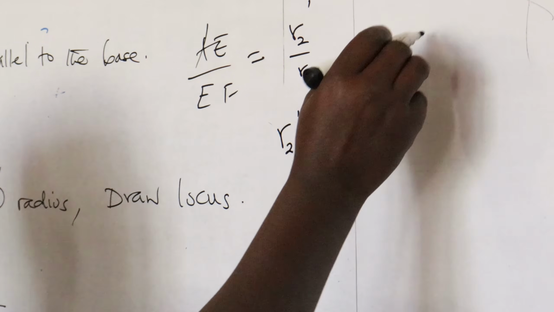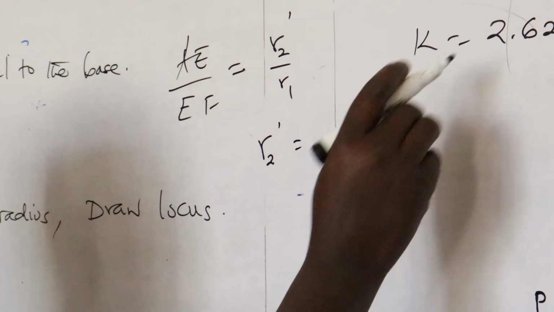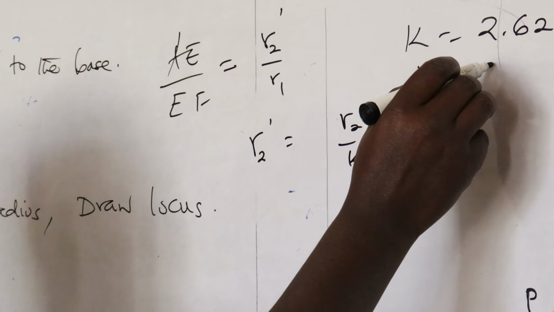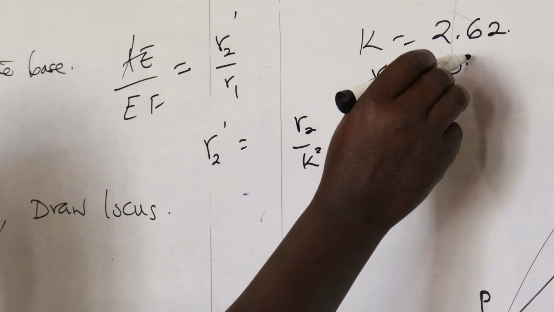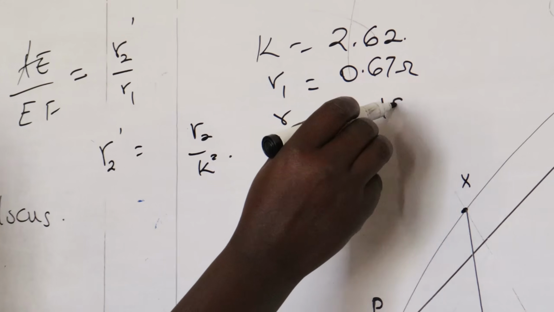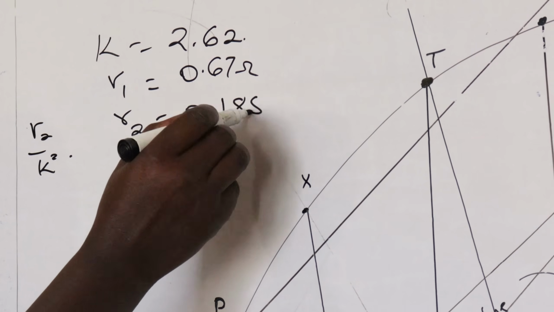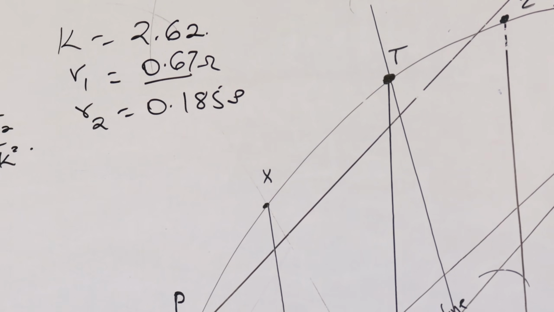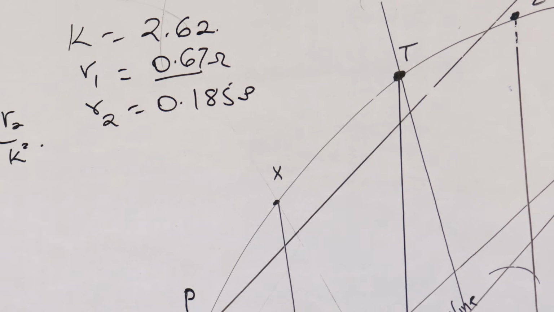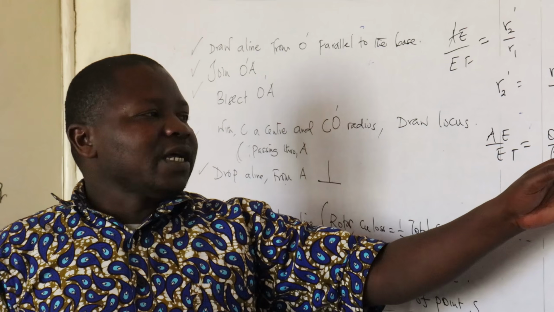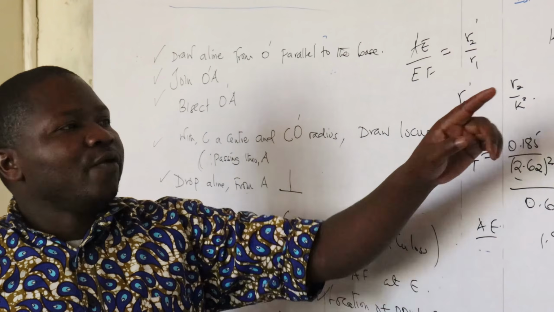So where is K? What was R1? 0.67. R2? So that means A to E over E to F is equal to this answer, 1 over that, then you can know where E is.